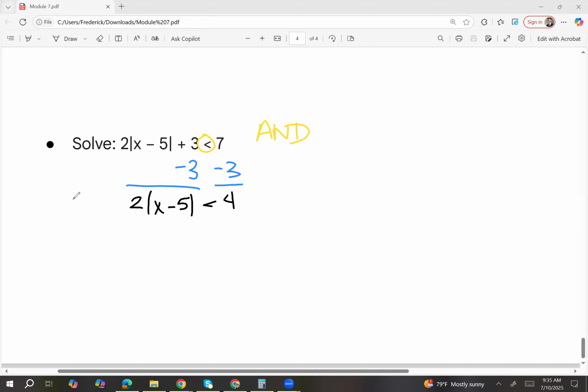So we need to get rid of the 2 times. Divide by 2, divide by 2. That leaves us with absolute value of stuff. The 2's divide on the left, and then 4 divided by 2 on the right leaves us with 2. So I want to emphasize, this was the thing we needed to get to before we do the splitting off into 2 equations.